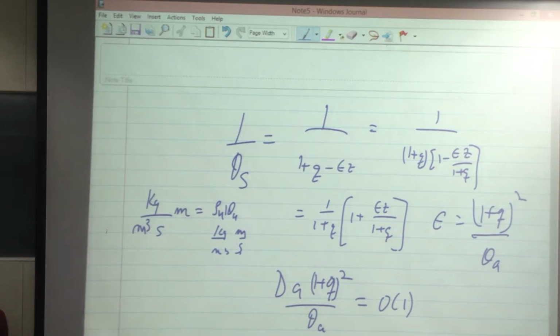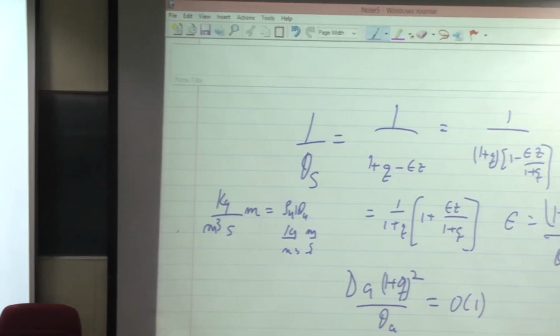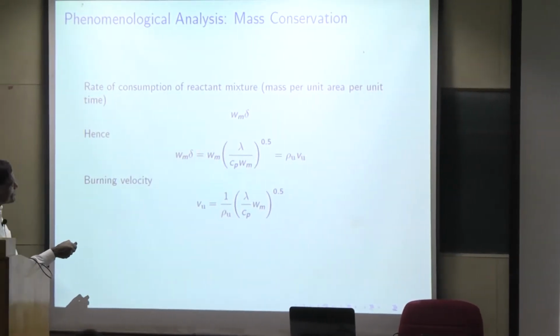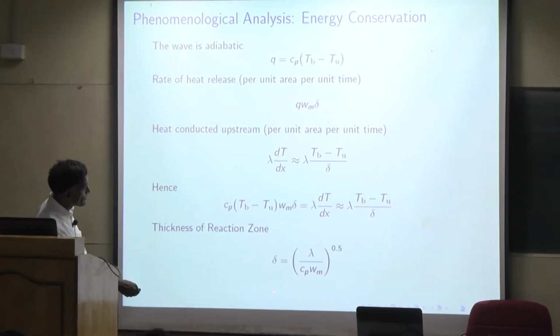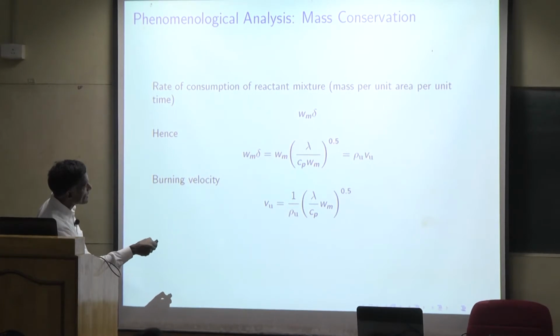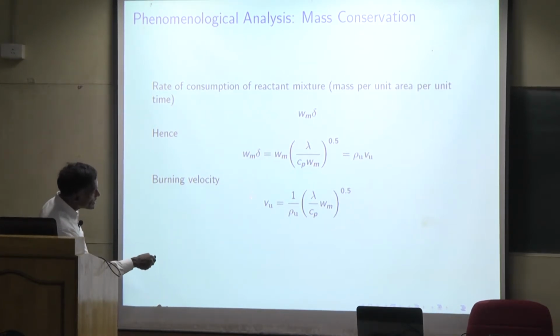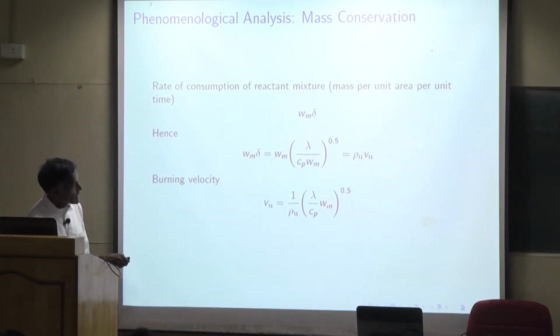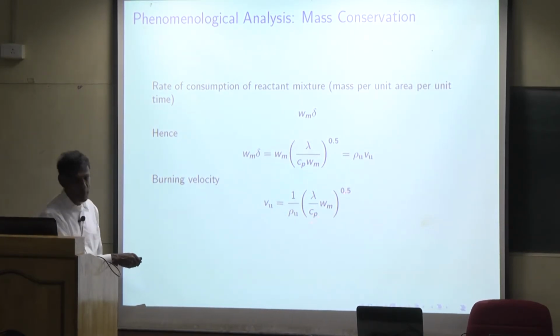Therefore W delta is rho u vu, but from the previous expression we showed that delta is given by this expression. So if we equate these two, we can get the burning velocity, which has this particular form. The reaction rate appears in the burning velocity, and it's the square root of the reaction rate.